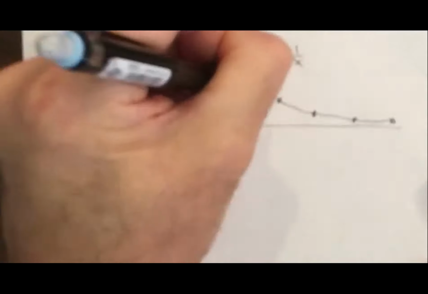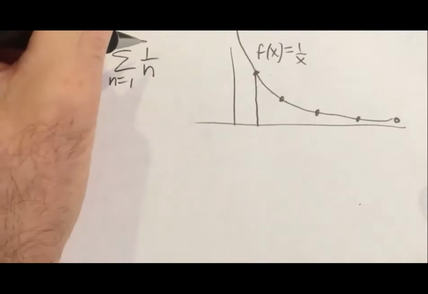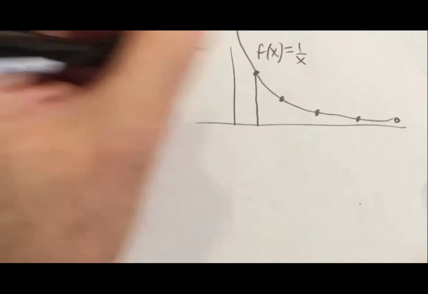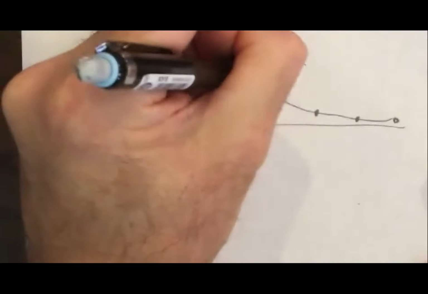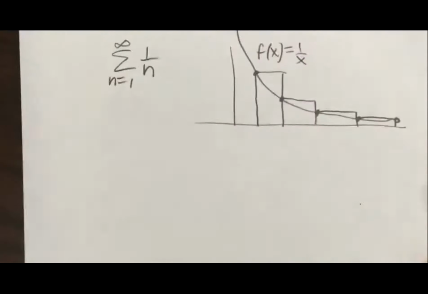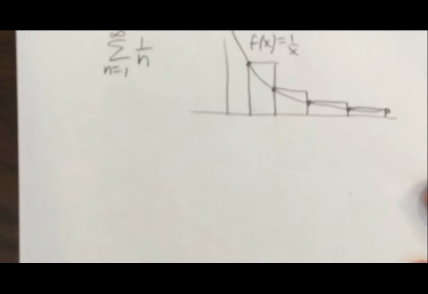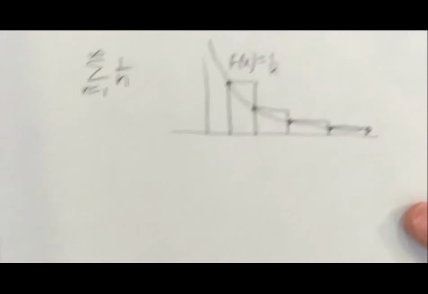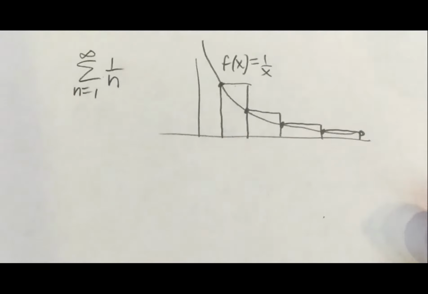So if I did something similar, only this time I want to put my rectangles over the top. I'm going to build left-edge rectangles and put them over the top.